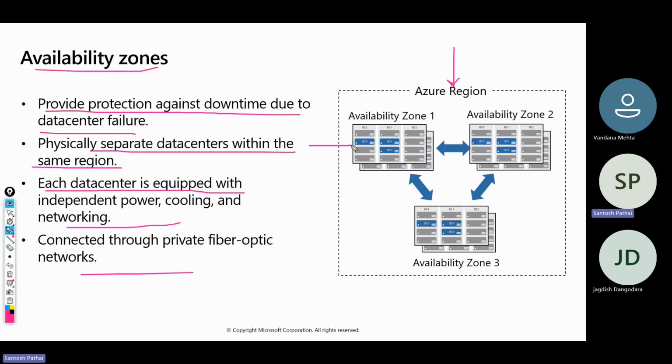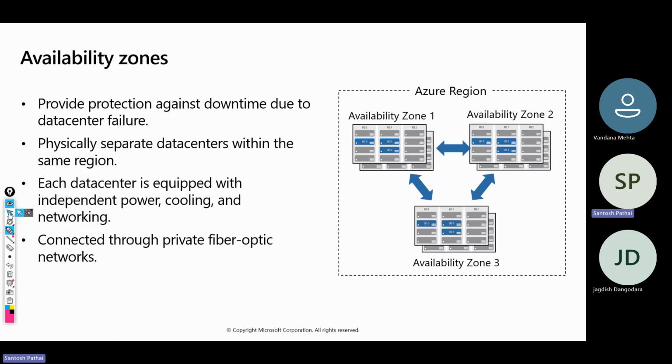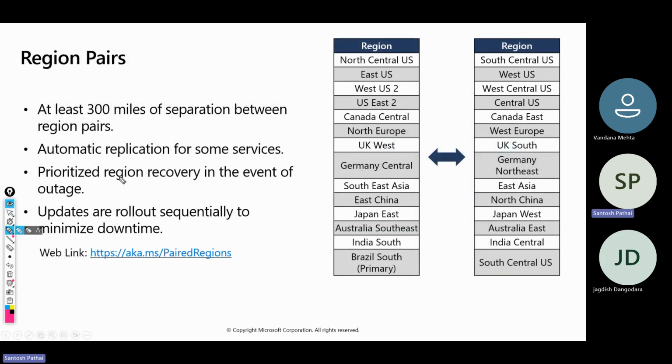Now, we have a concept of region pair. What is that region pair? A region pair is a region that is paired with another region, right? There is at least 300 miles of separation between region pairs. So 300 miles is approximately how many kilometers?